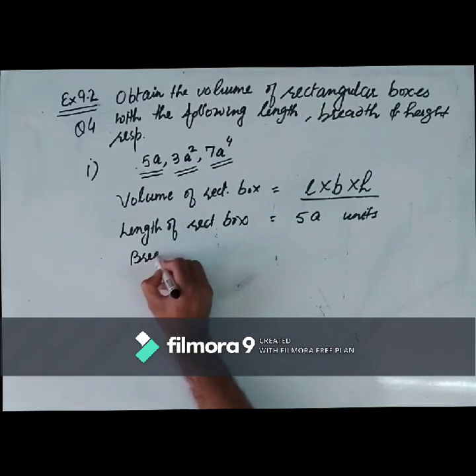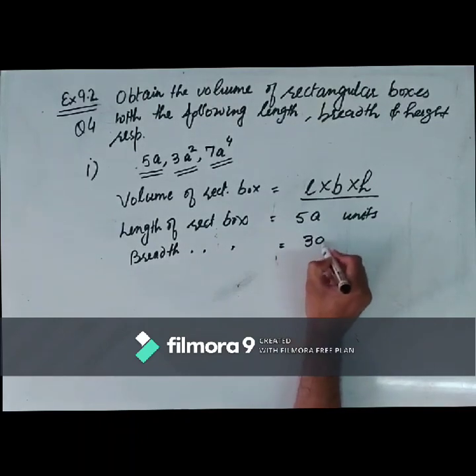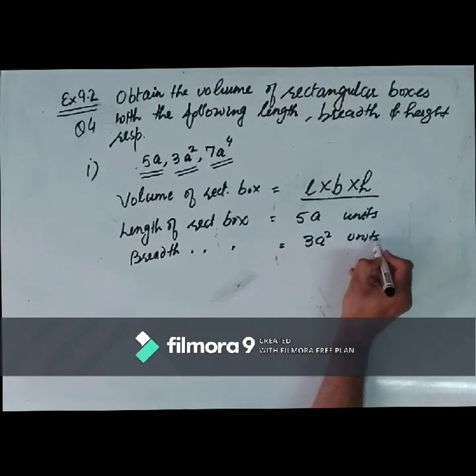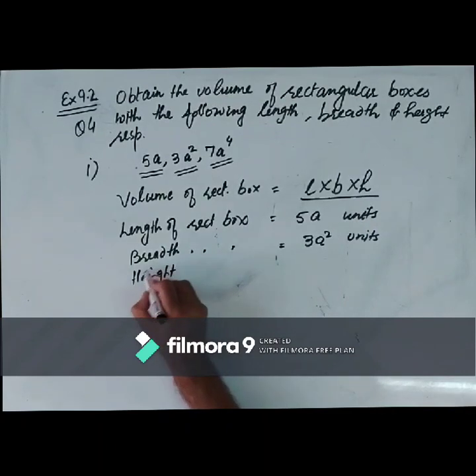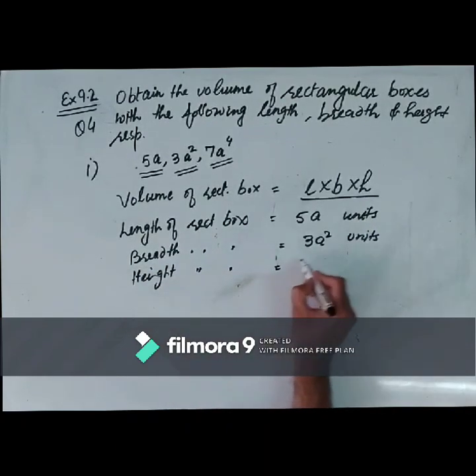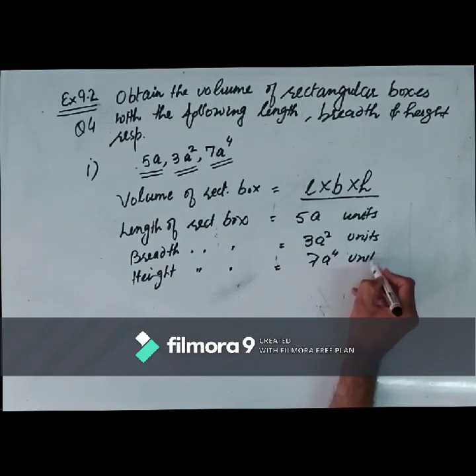The breadth of the rectangular box is 3a units and the height of the rectangular box is given as 7a raised to power 4 units.